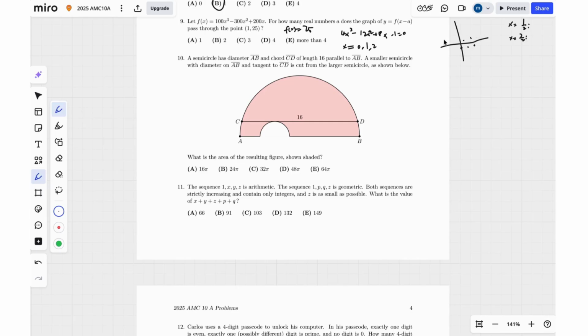So now since this is a cubic, it means that as x goes to infinity, f of x would be positive, and when x is a big negative number, it should also be negative. So the graph should look something like this. So here we can see that there are 3 roots. So the answer is C.